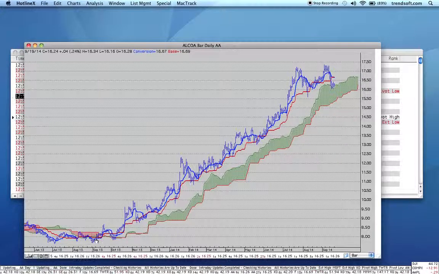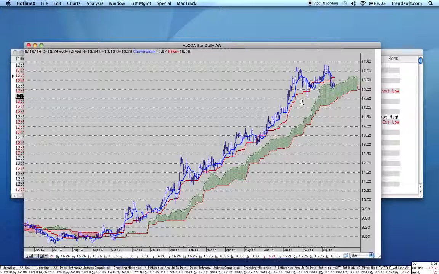Similarly, the red line that also runs through the prices is the same calculation, only done over 26 periods. So we have a 9-period line and a 26-period line. These are finding the midpoint of the highest high and the lowest low achieved in the last 9 and 26 periods.